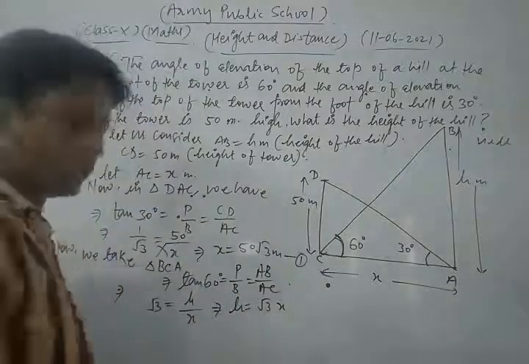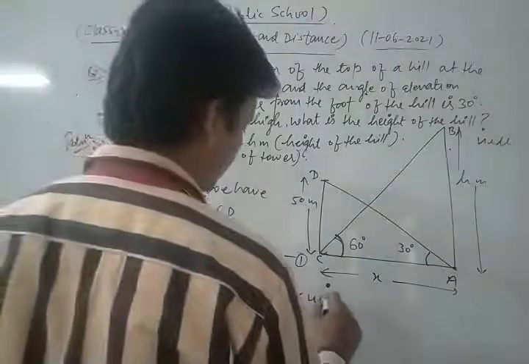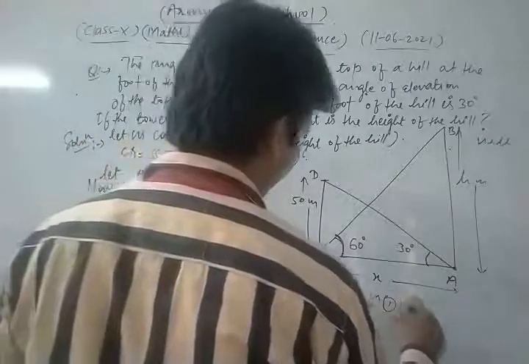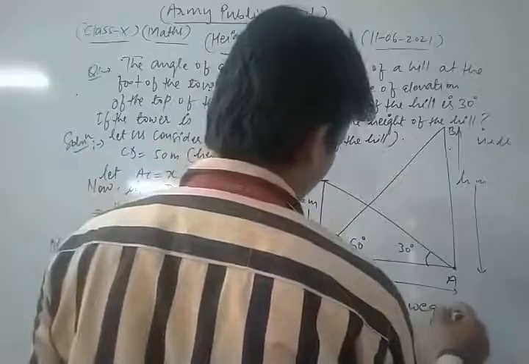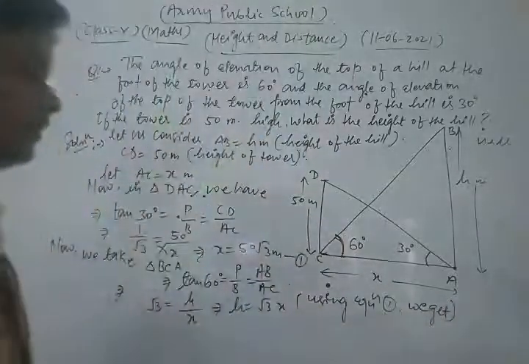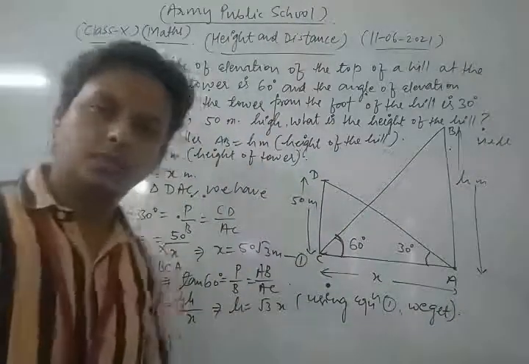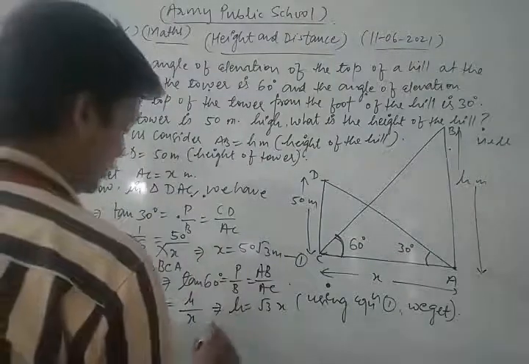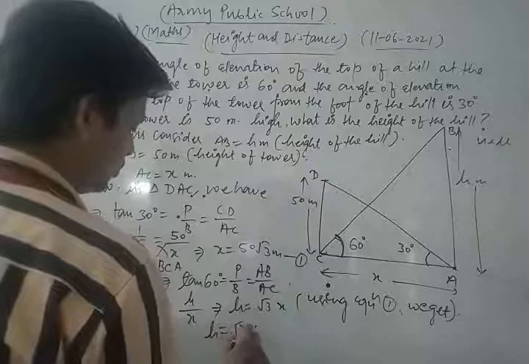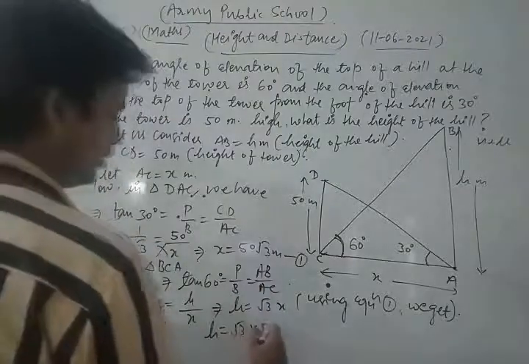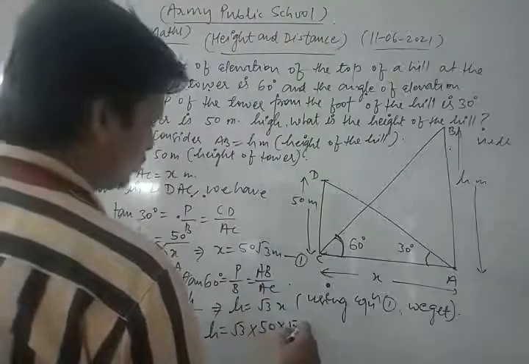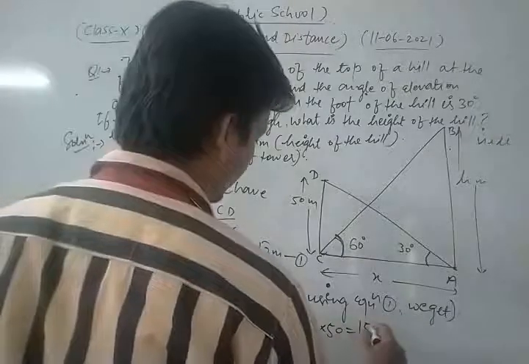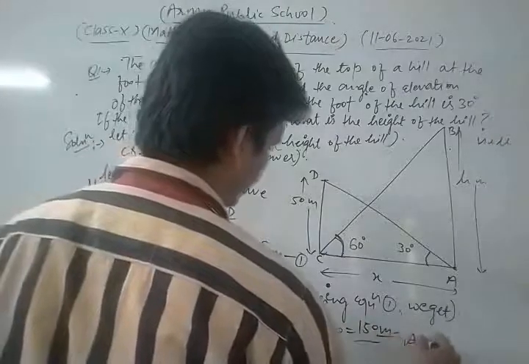Now using equation 1, x is 50 root 3, so H is root 3 into 50 root 3, that is 150 meter.